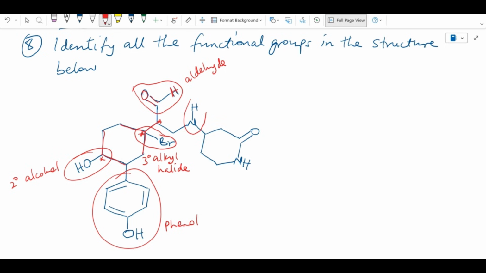The next functional group I see here is amine. Amine is where you have a nitrogen atom attached to carbons or carbons and hydrogens. The type of amine we have here is secondary amine, because the nitrogen is attached to 2 carbon atoms. So we call this secondary amine.